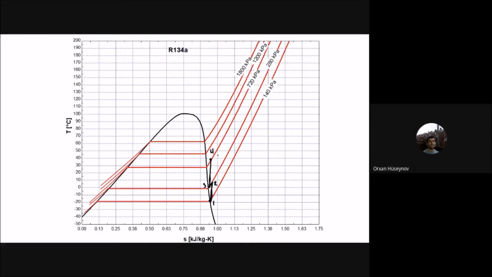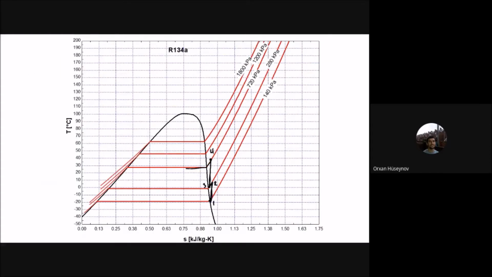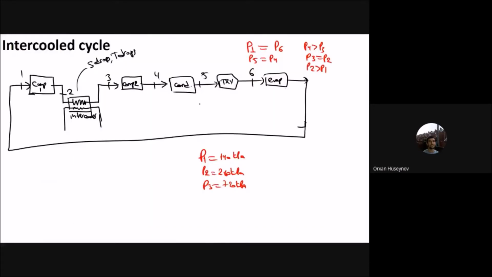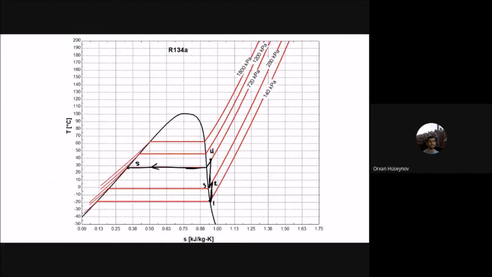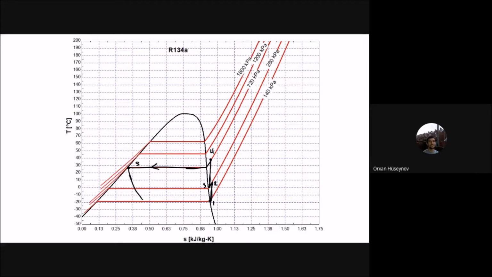This one is 4, and then back to 5 here, it will be 5, and then from 5 to 6, we have the thermal expansion valve here. This thermal expansion valve drops the pressure to the initial value. Okay. And back to 1.